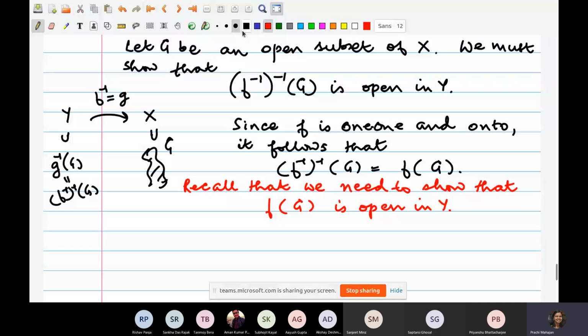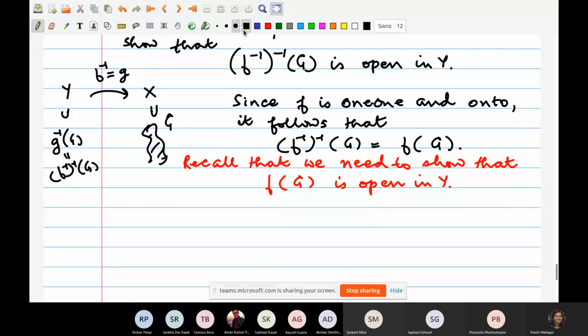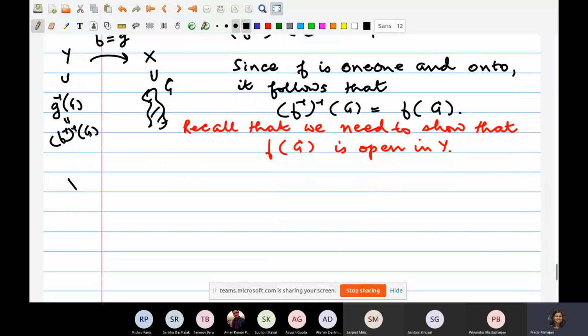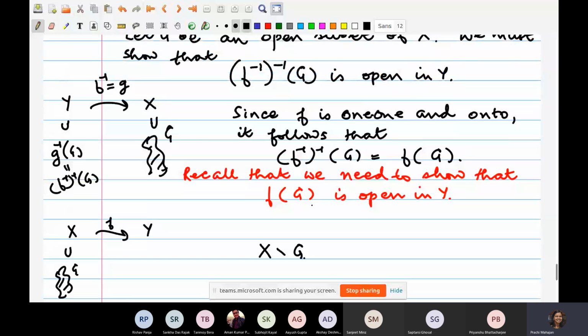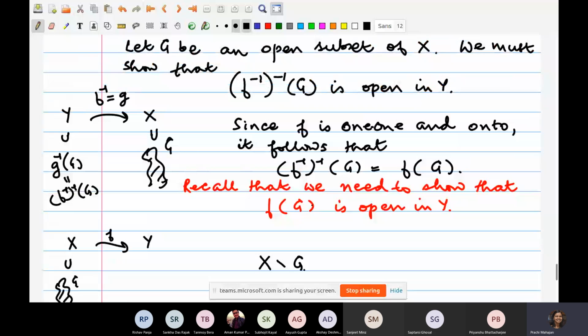And what is it we are given? We are given that G is an open subset of X, and X is compact, f is continuous, and things like that. So X is here, f is here, and G is here. G is a subset of X. Let's look at the set X minus G, the complement of G in the set X. Now G is an open subset of X. Then what does it say about the complement of G?